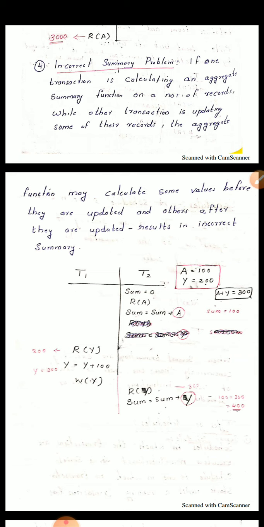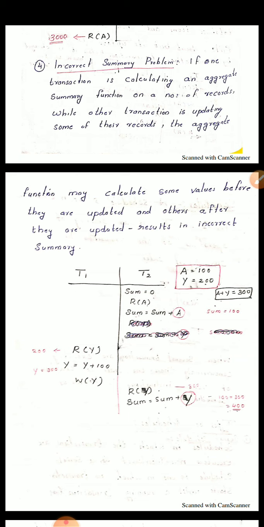After that, the T1 transaction reads the item Y. In the database the Y value is 200, and it updates Y plus 100. Now Y is updated as 300 and is written into the database as 300. And again the T2 transaction occurs and reads the Y value.